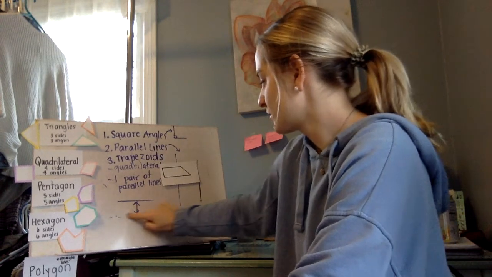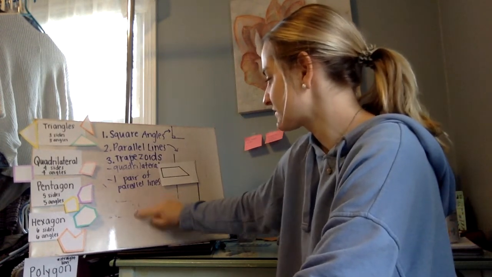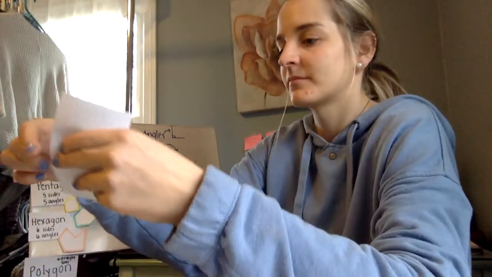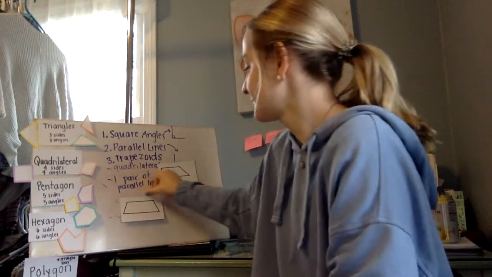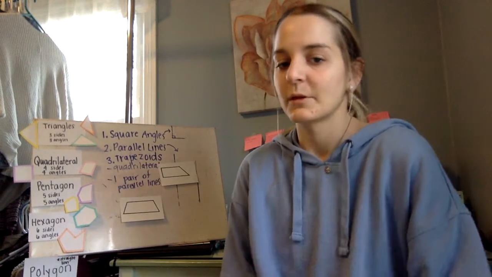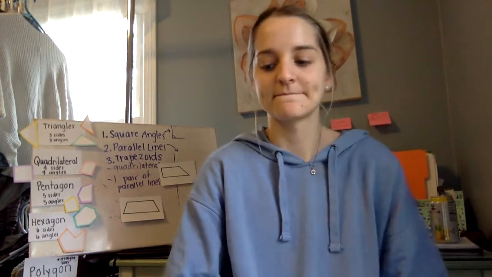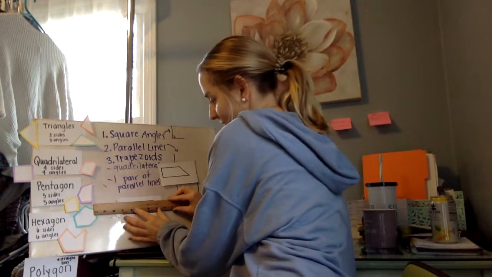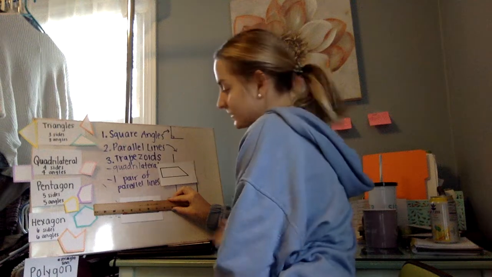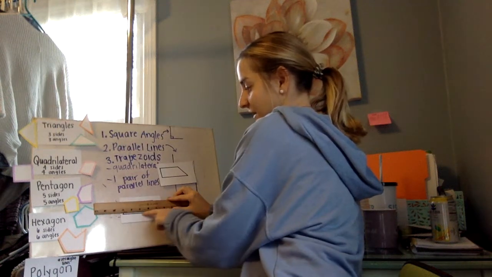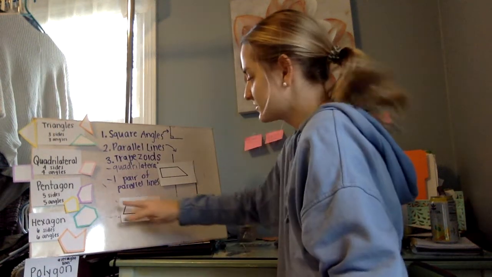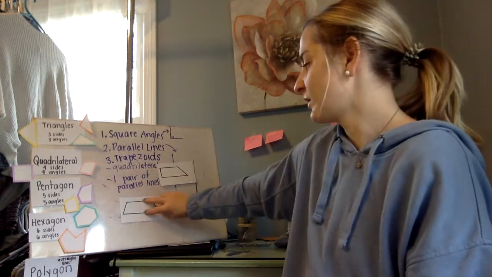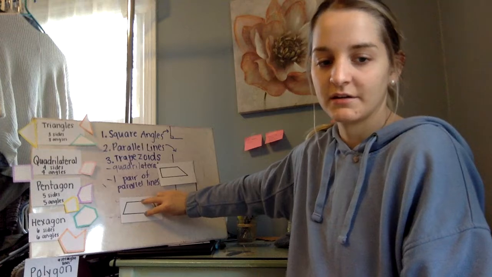Now let's do one more example because I know this video is getting a little bit long. Let's do this example. Is this a trapezoid? I'm going to let you think to yourself. Let's test. Well, it fits my ruler, so I know that this top line and this bottom line, or these two sides, are never going to touch. So there's one pair of parallel lines right here.